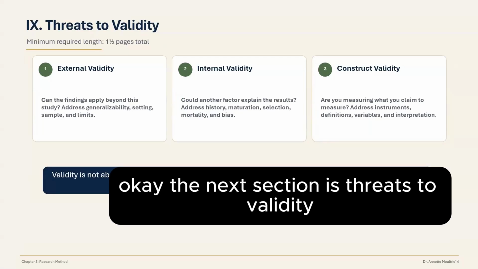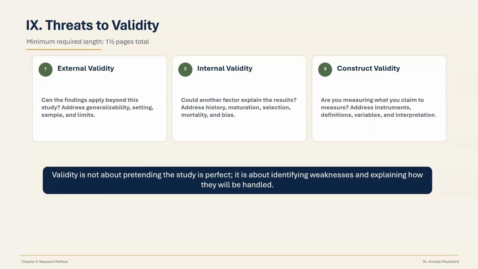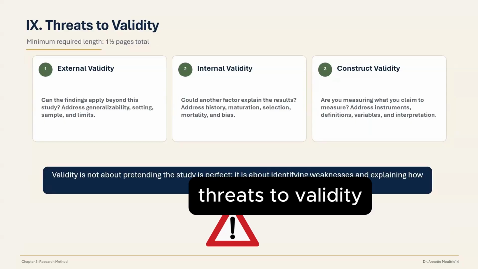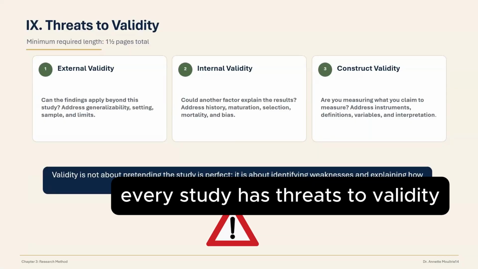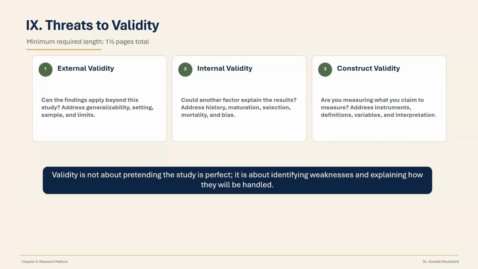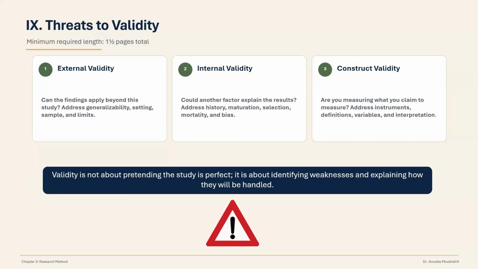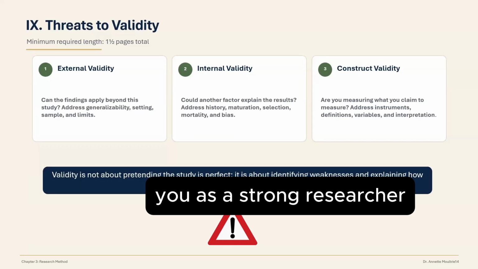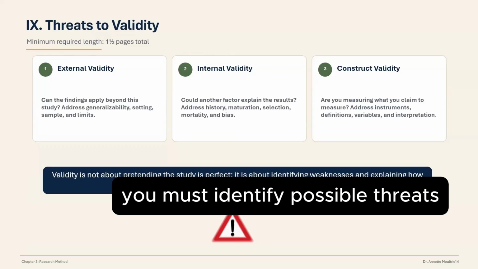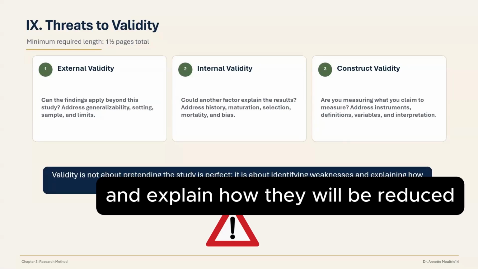Okay, the next section is threats to validity. Every study has threats to validity. Every study. The mistake is not admitting them. You, as a strong researcher, must identify possible threats and explain how they will be reduced.